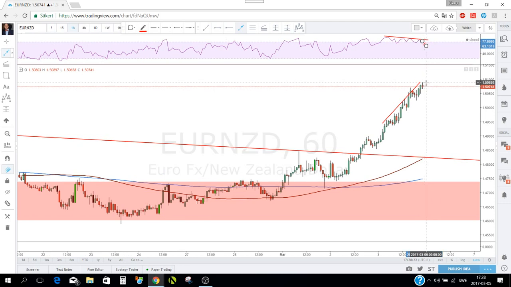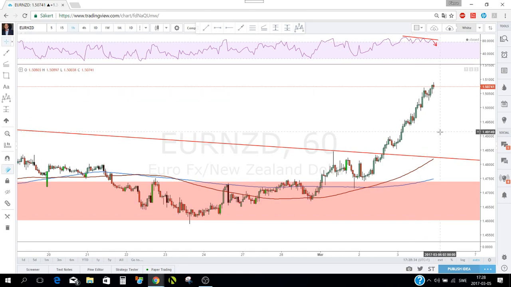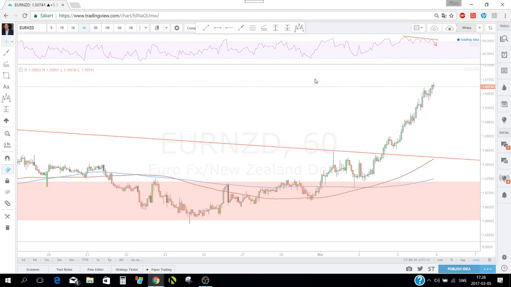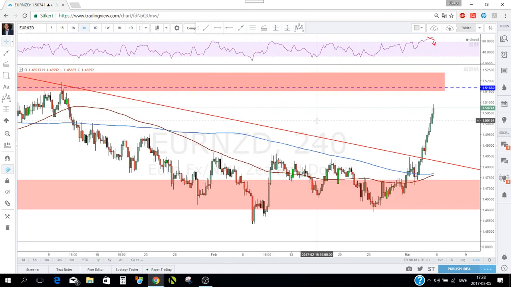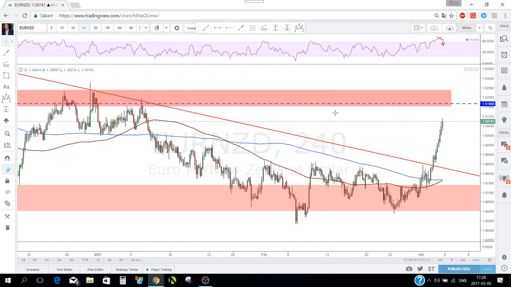Wait for a clear signal to the downside, maybe a double top or head and shoulders, and try to take a short-term trade to the downside, because the daily, 4 hour, 1 hour, all of them are extended and overbought right now, and we are heading to a very good resistance level.